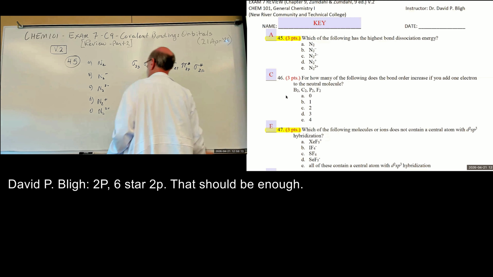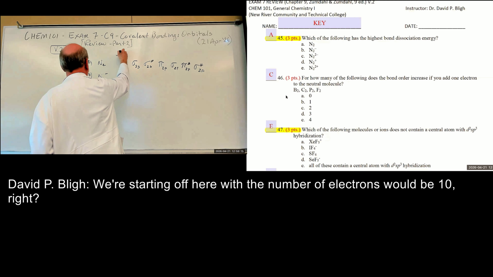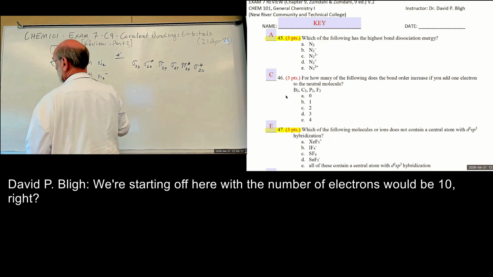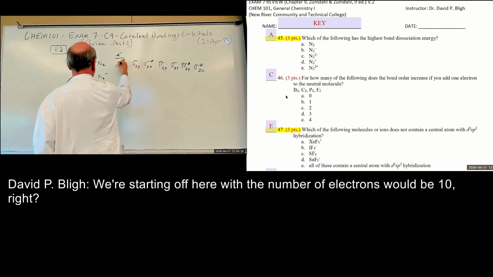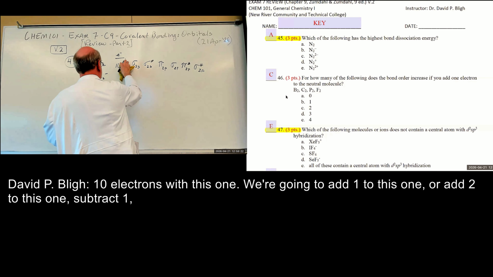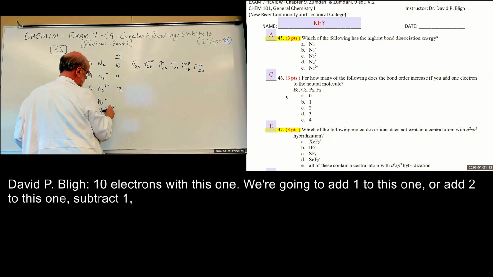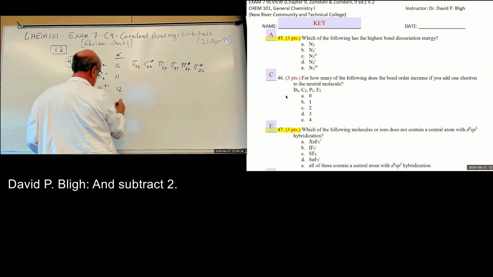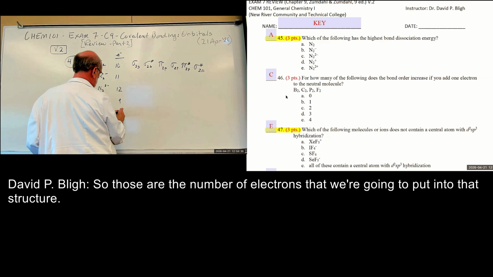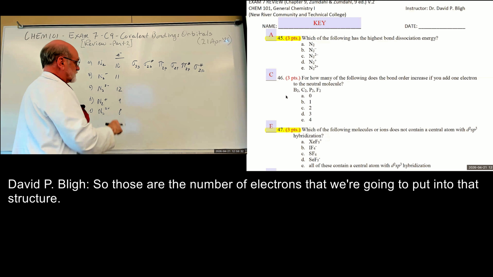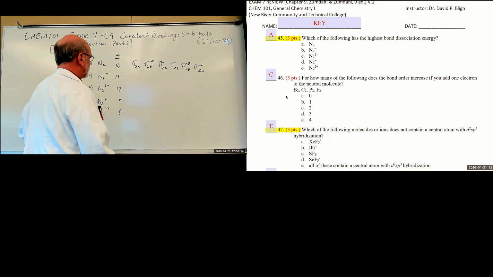That should be enough. We're starting off here with 10 electrons with this one. We're going to add 1 to this one, add 2 to this one, subtract 1, and subtract 2. So those are the number of electrons that we're going to put into that structure.